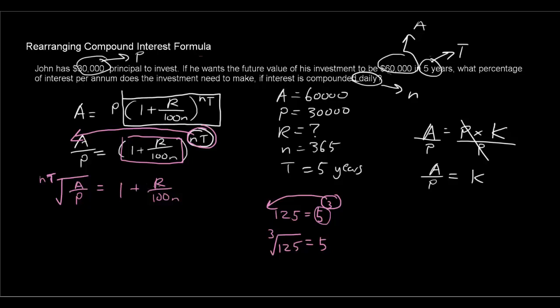Okay, so just a few more steps to make R the subject. Now I'm going to move the 1 to the other side. So 1 plus that equals this. So this minus 1 is equal to R over 100N. We just minus 1 on both sides. Then we're going to multiply by 100N on both sides.